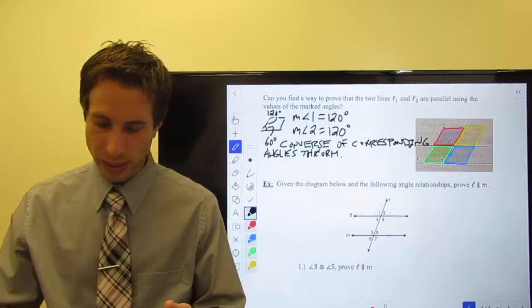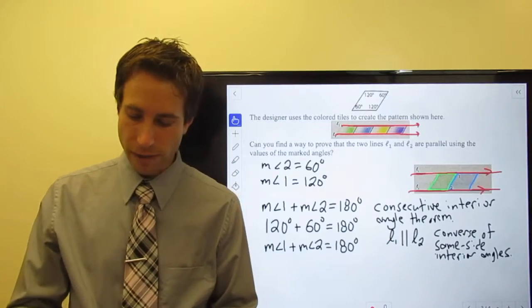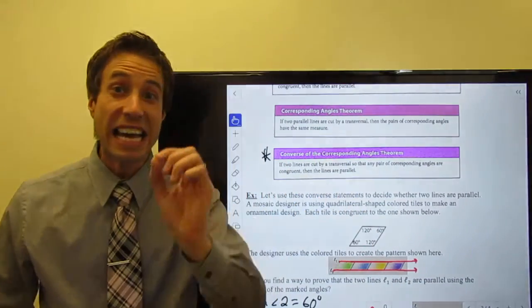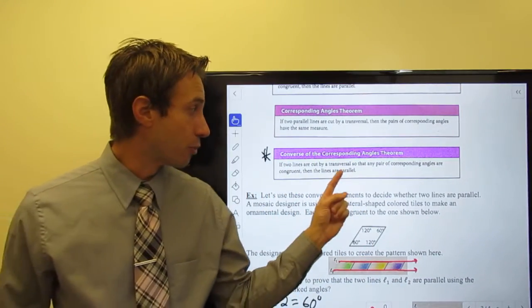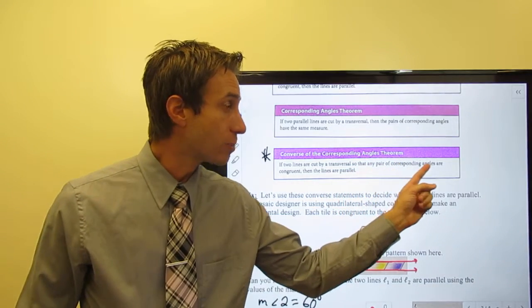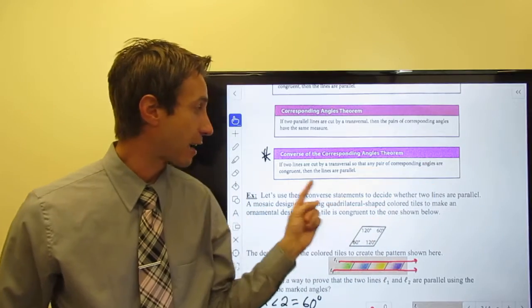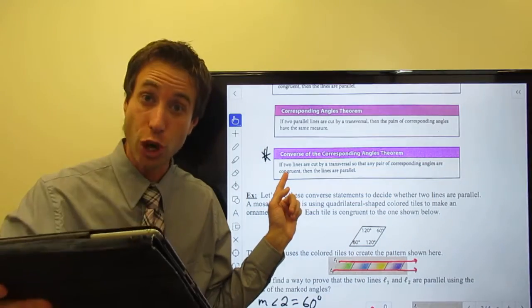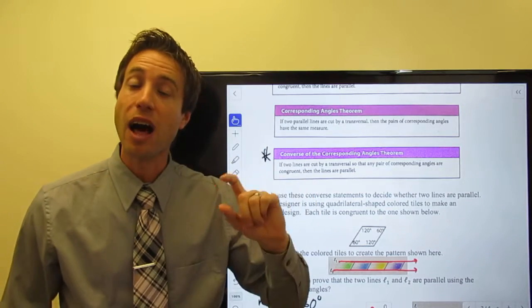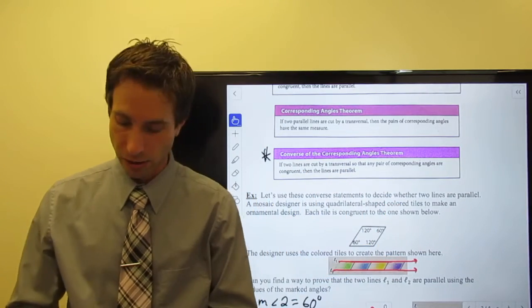Let's go back and take a look at what it said. The converse of the corresponding angles theorem says this: if I can show that any pair of corresponding angles are congruent, then the lines must be parallel.